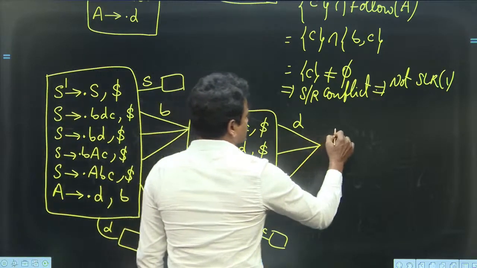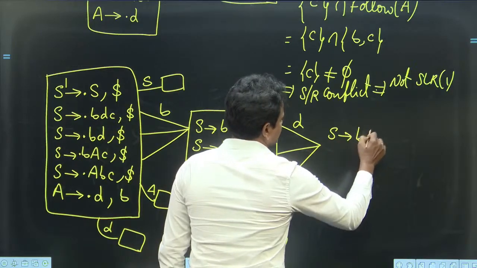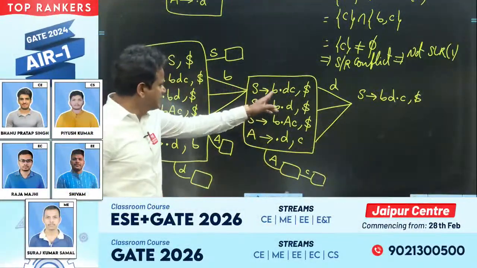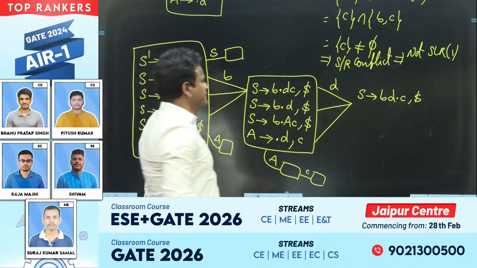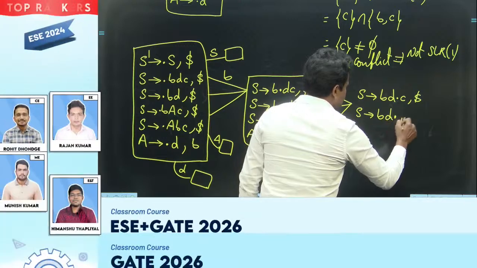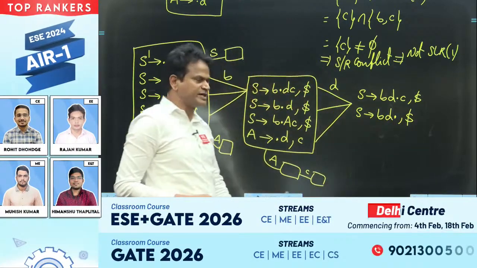So if I go for this one, S derives BD dot C, so on D, BD dot C. Here on D, S derives BD dot comma dollar, yes, we have the final item here.